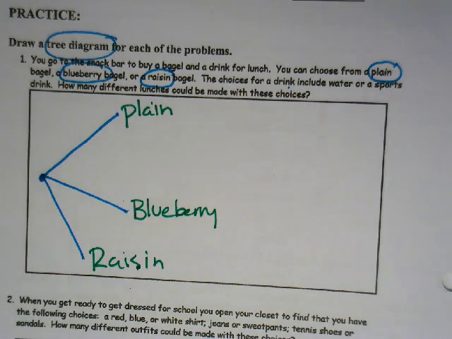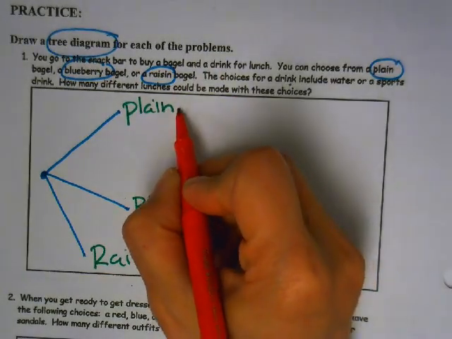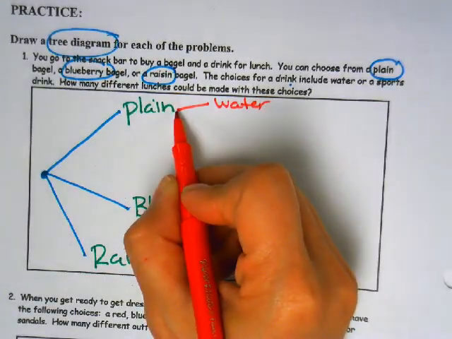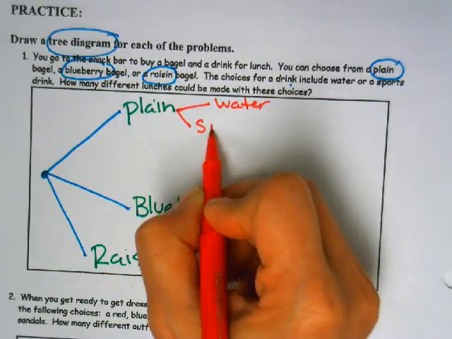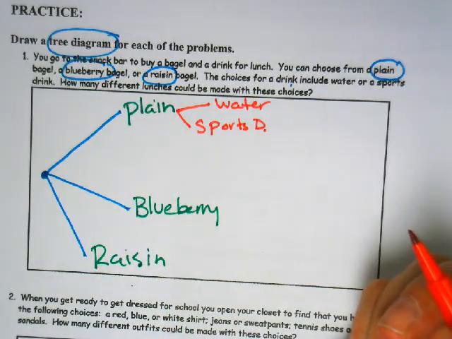If I get a plain bagel, what are my 2 choices for drinks? Water and sports drink. So let's show that we have water or sports drinks. I can order a plain with water, or I can order a plain with a sports drink. Sounds delicious.